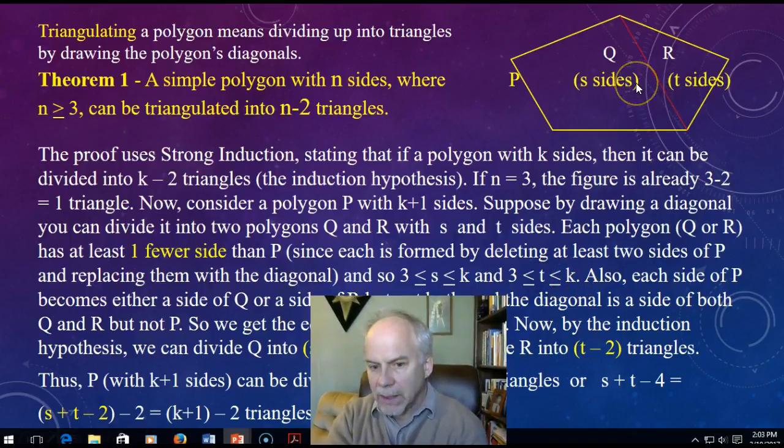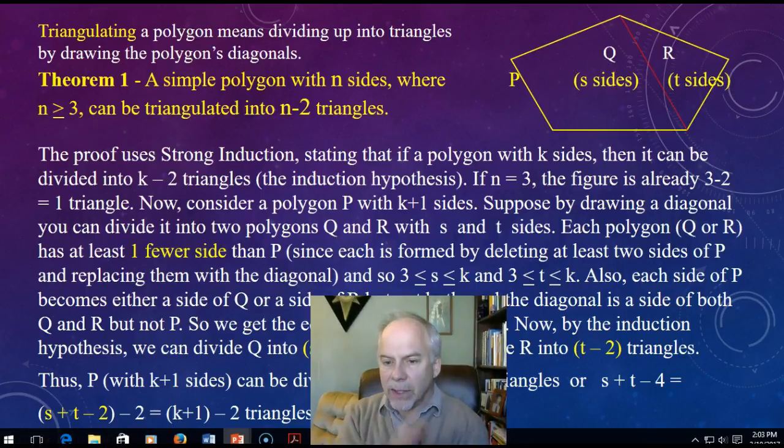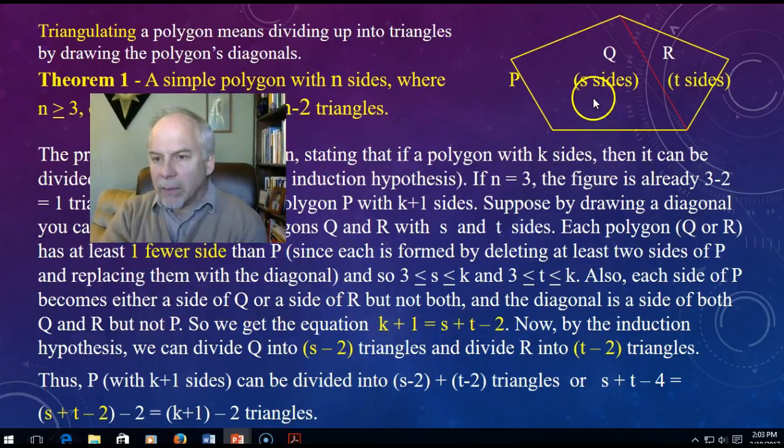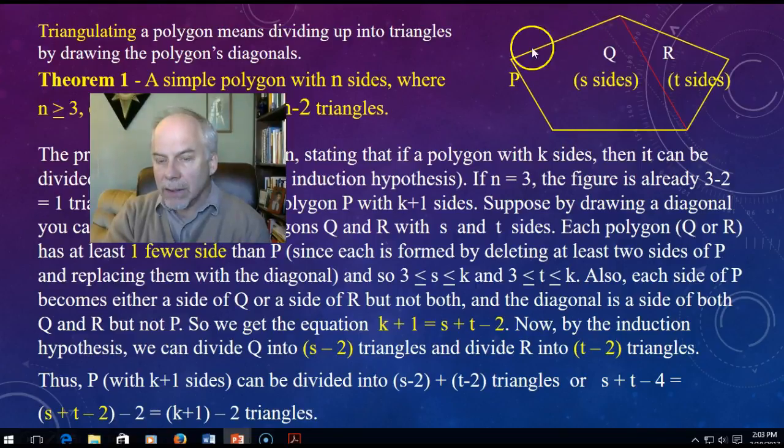Because you have a couple sides from the other polygon, you're going to definitely have less than or equal to k sides. Now, each side of P will either become a side of Q, like this side right here is becoming a side of Q, or it's becoming a side of R, but it's not going to become a side of both of them.